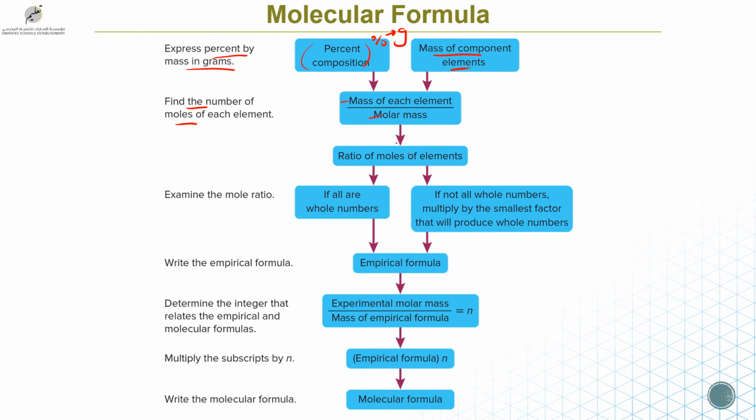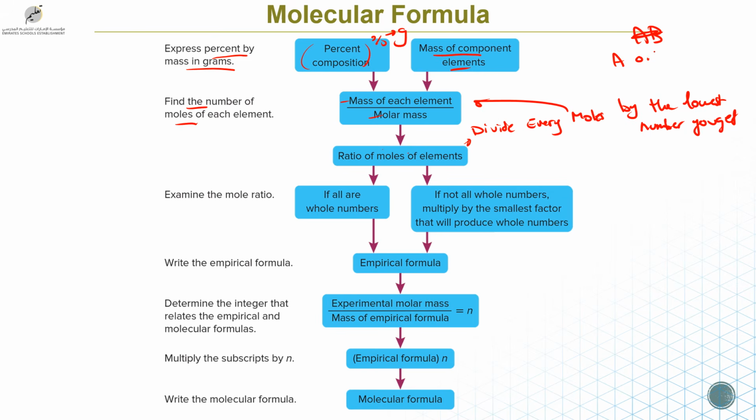Step number 3, remember, divide every mole value from here by the lowest number you get. For example, if you have compound AB, where A's number of moles is 0.5 mole and B is 0.7 mole, divide A by 0.5 mole, and divide B by 0.5 as well.